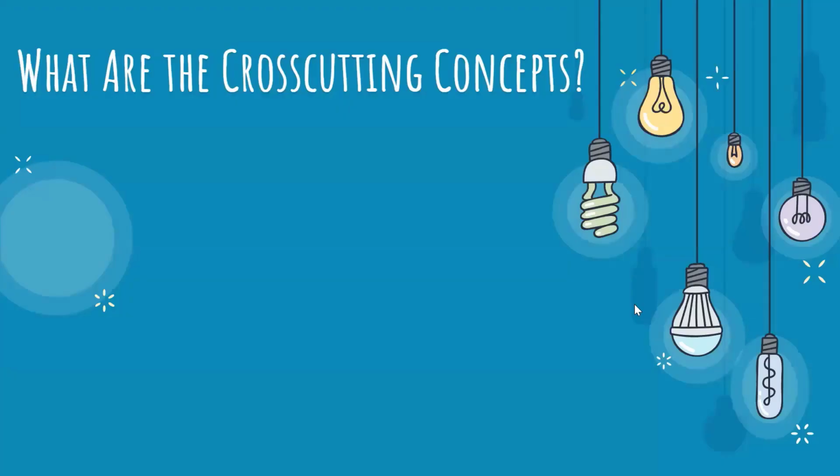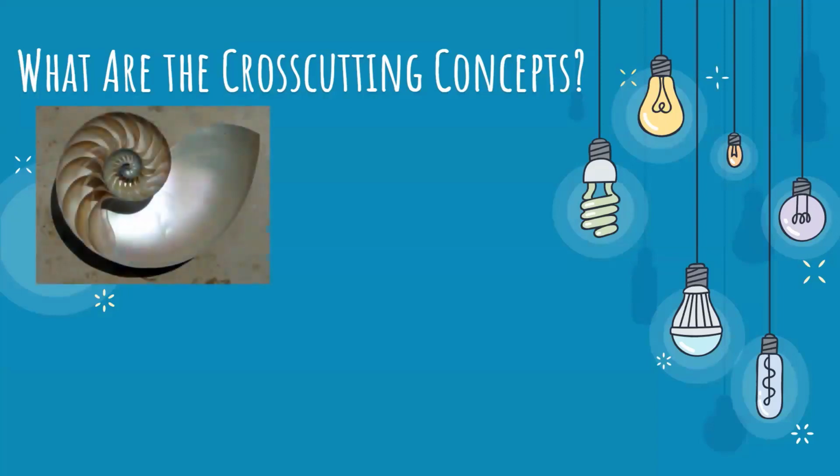So what are the cross-cutting concepts? Well, here we have a picture of a shell, and you'll notice inside it has this really neat pattern. And if I took another shell that was like that, I'd find it again. So the first cross-cutting concept I'm going to share with you right now is patterns. Patterns are just structures or events that are consistent and repeated.